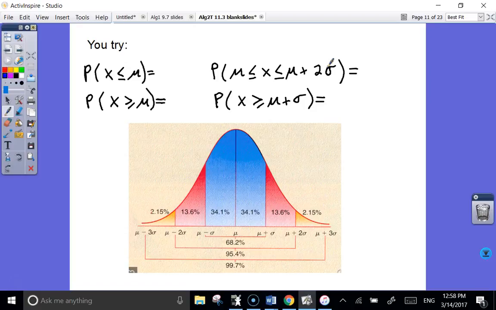So on the first one, if this is a symmetric shape, and the mean is right in the middle, then what is the probability that you would be less than the mean? 50%, right? What's the probability you're more than the mean? 50%, right? So as a probability, we might put 0.5 and 0.5.